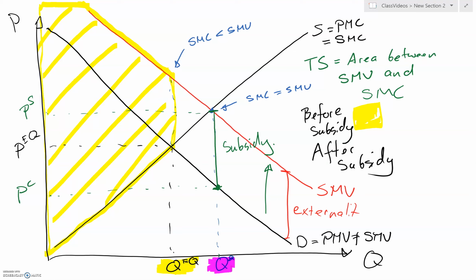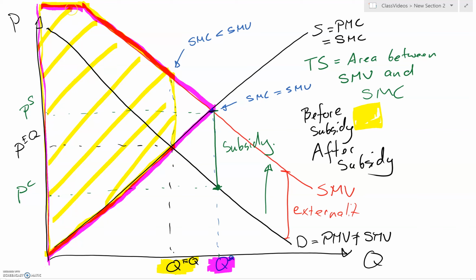After the subsidy here, we need the area between, well, again, the social marginal cost curve, so that's this bit here, and the social marginal value curve, which is here. But now we go all the way up to Q star. Okay, so here we're getting all of the yellow area plus a little bit more.